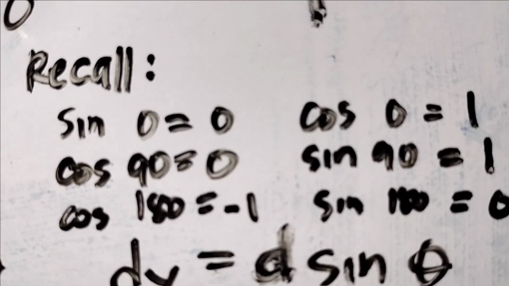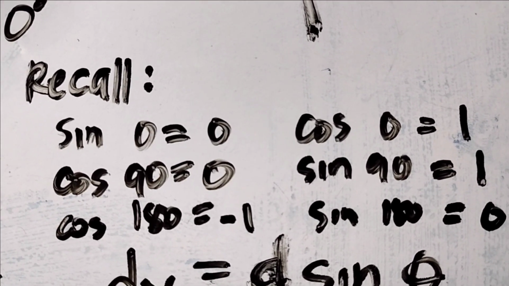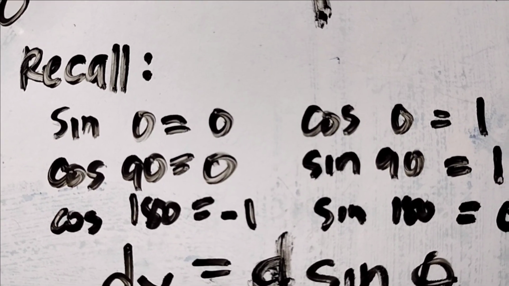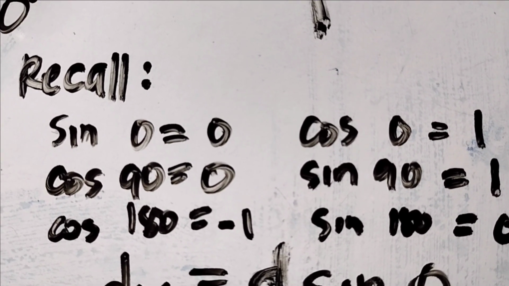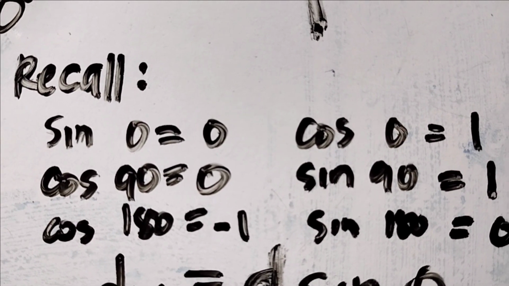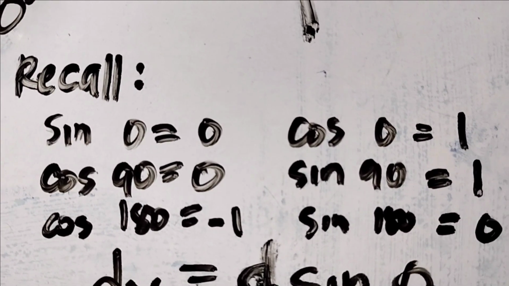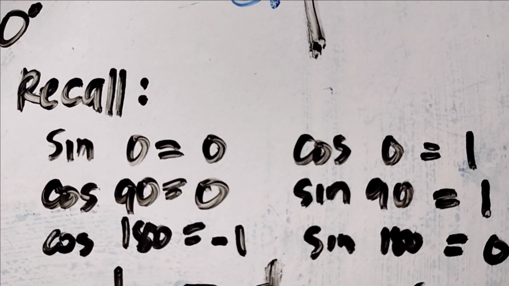Recalling some functions: sine 0 is 0, cosine 0 is 1, cosine 90 is 0, sine 90 is 1, cosine 180 is negative 1, and sine 180 is 0.